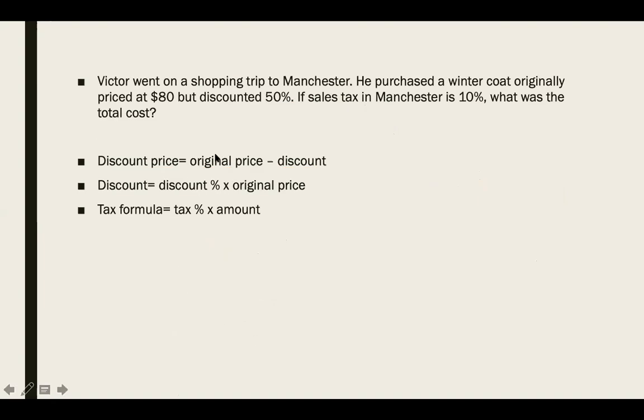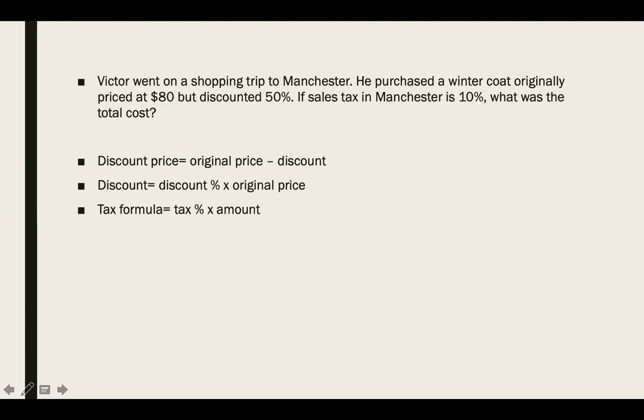Now, next we have a similar problem. So in this case, Victor went on a shopping trip to Manchester. He purchased a winter coat originally priced at $80, but discounted 50%. If sales tax in Manchester is 10%, what was the total cost? So once again, a similar problem to what we saw before.